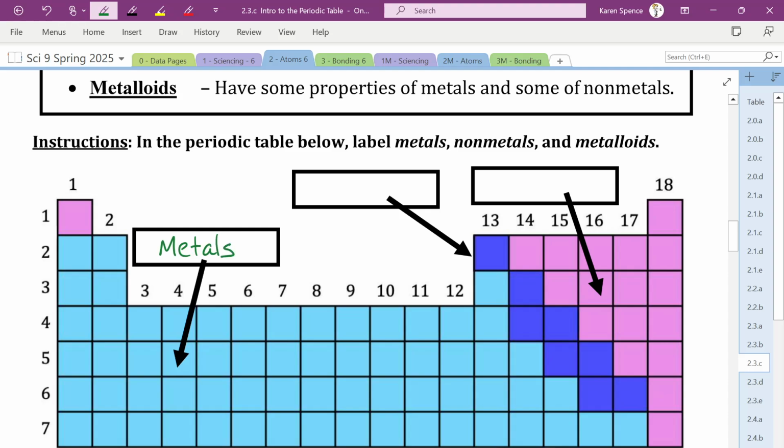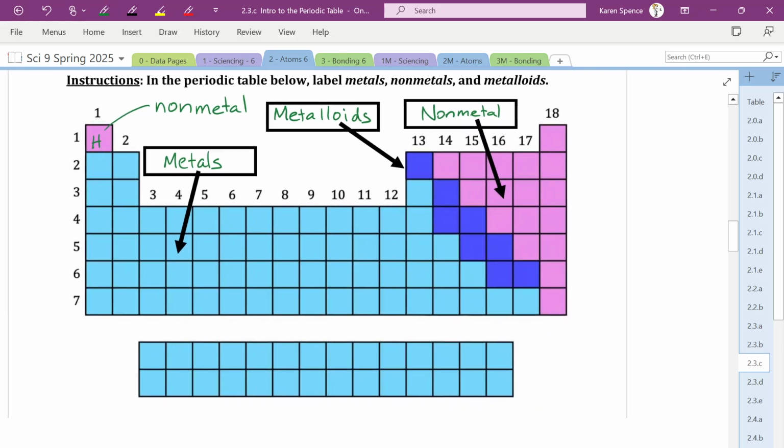We're going to label this little diagonal bit the metalloids. And then that right-hand side, those are the non-metals. And we have to remember that hydrogen is also a non-metal.